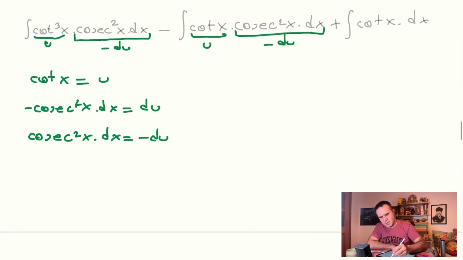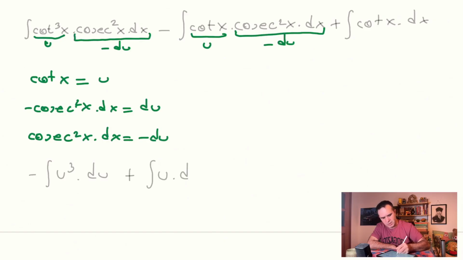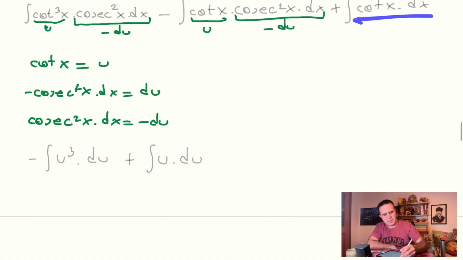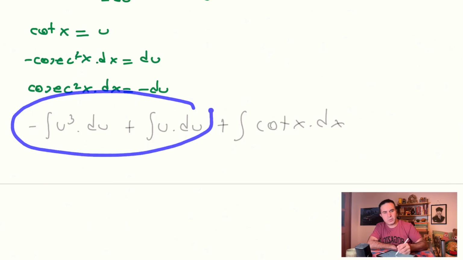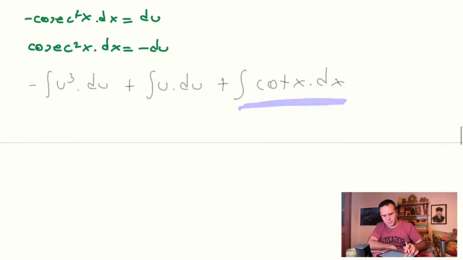Then the integral becomes the integral of u cubed times minus du; taking this minus outside, and for the other integral we again have minus and minus, so this becomes plus the integral of u du. For the last integral, let's write it as cotangent x dx. Firstly we will solve those two, and after that we will solve this.